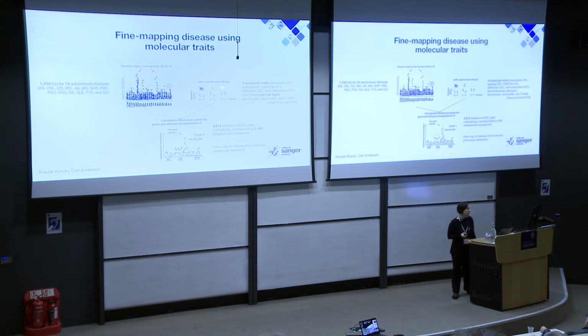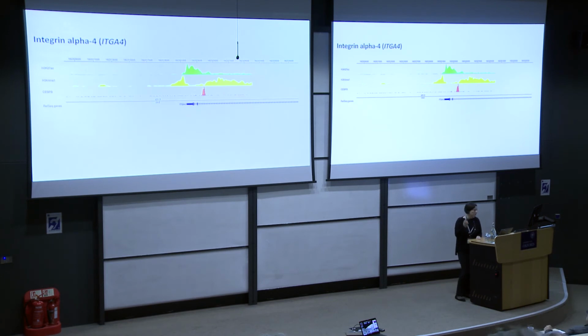We did a very large-scale co-localization effort where we took summary statistics from 14 different autoimmune diseases and 5 molecular phenotypes across 3 immune cell types. We co-localized systematically with high posterior probability and identified 346 loci where we have a co-localizing molecular and disease signature. Then we asked what the fine-mapping on the molecular QTL tells us that the disease doesn't.